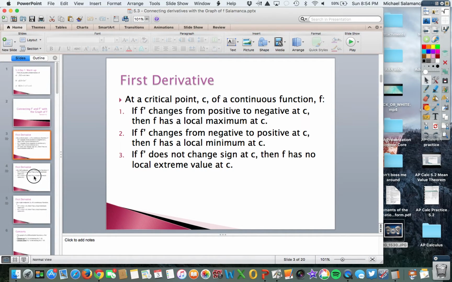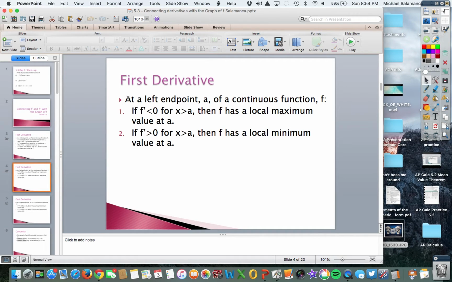So first derivative. Now, at a left endpoint a of a continuous function f, it says if f prime is less than 0 for x greater than a, then f has a local maximum value at a. If f prime is greater than 0 for x greater than a, then f has a local minimum at a.